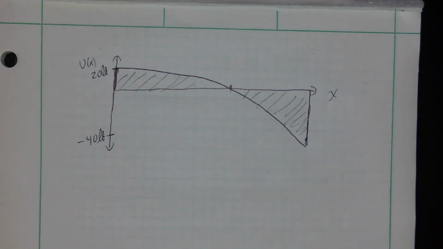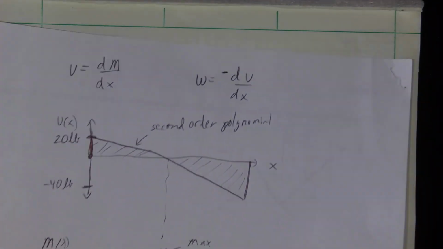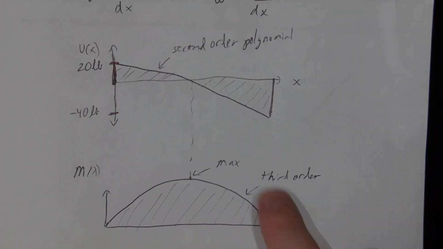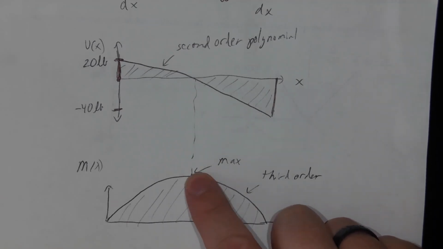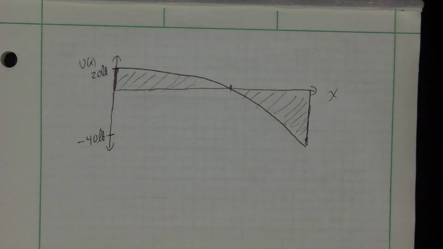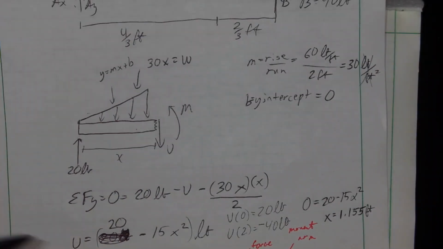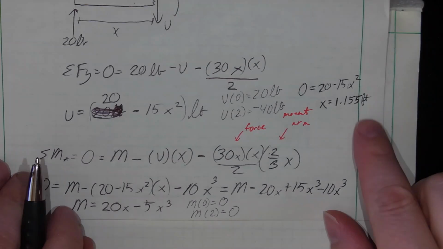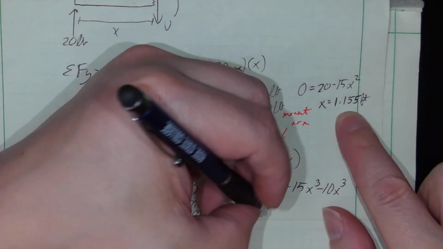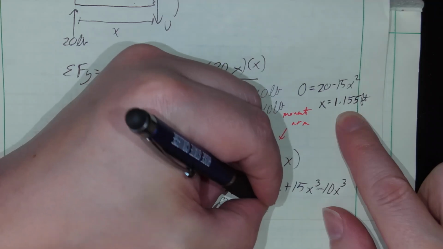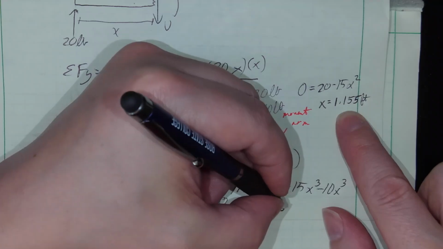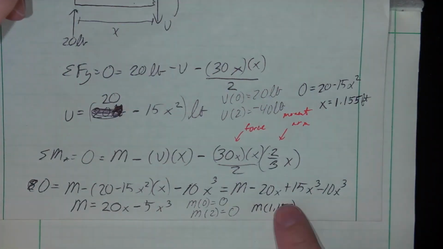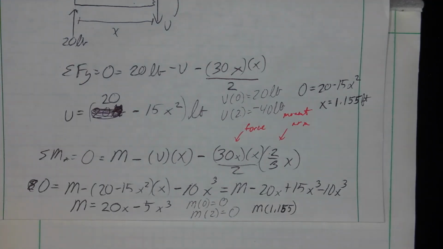Remember, we said last time, when I first introduced this, that right where the shear crosses 0 is where your max moment is going to occur. So I need to figure out what this max moment is. Well, that's where I plug this x value into my moment equation. So I find moment at 1.155, plugging in 1.155 for x here.